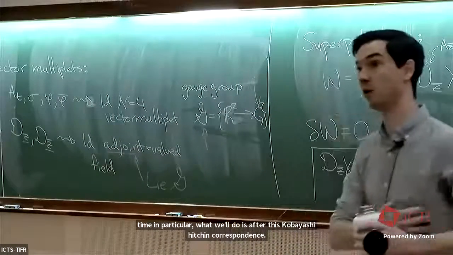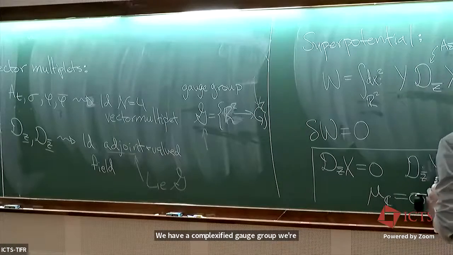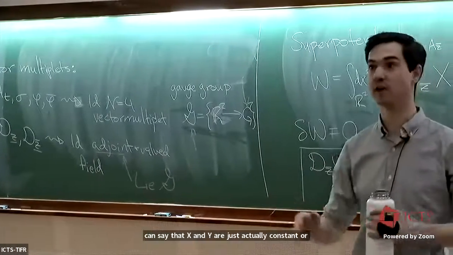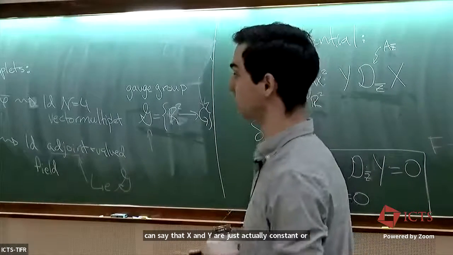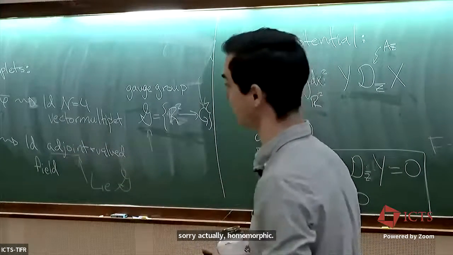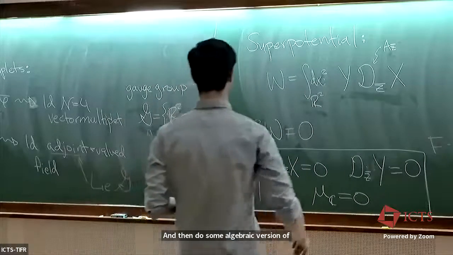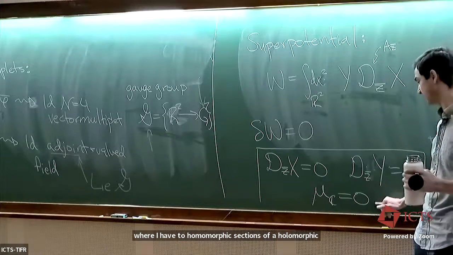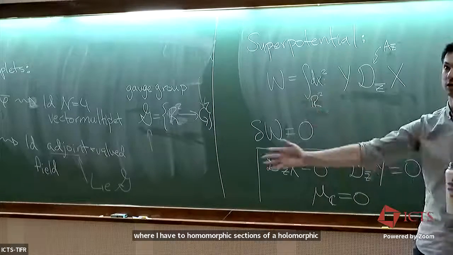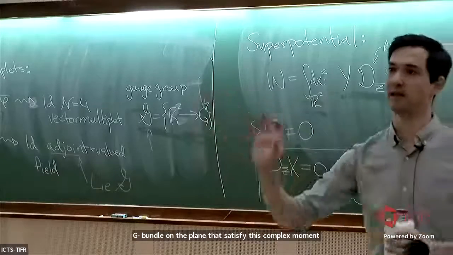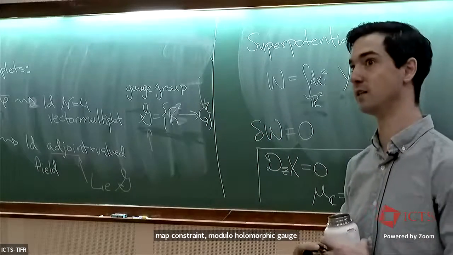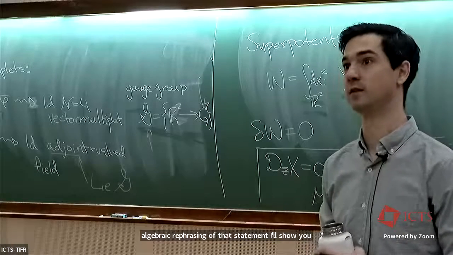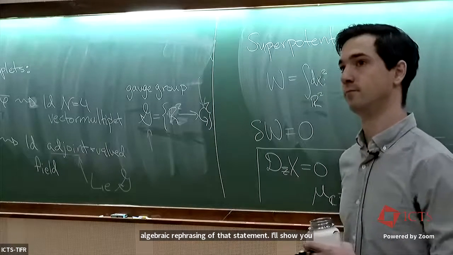We're going to choose a holomorphic frame where A_Z bar equals 0. And then we can say that X and Y are actually holomorphic, and then do some algebraic version of this discussion where I have two holomorphic sections of a holomorphic G bundle on the plane that satisfy this complex moment map constraint, modulo holomorphic gauge transformations. And after a suitable algebraic rephrasing of that statement, I'll show you what some solutions look like. Or at least that's the hope.